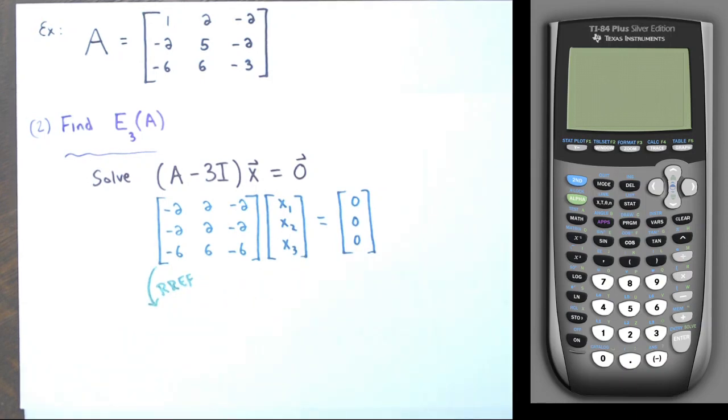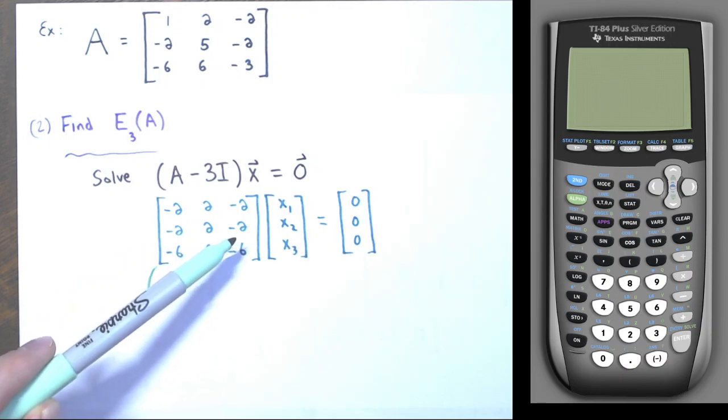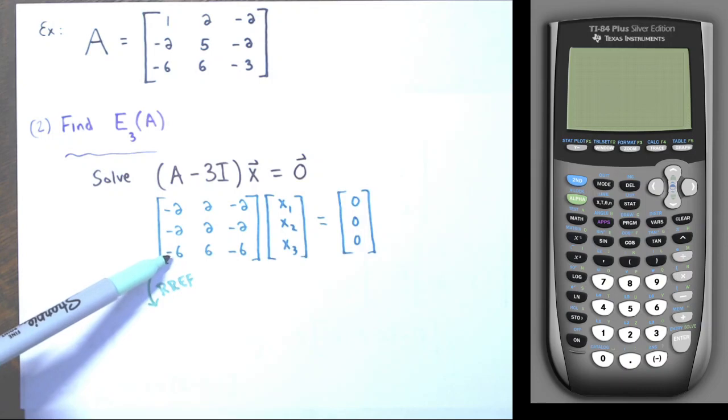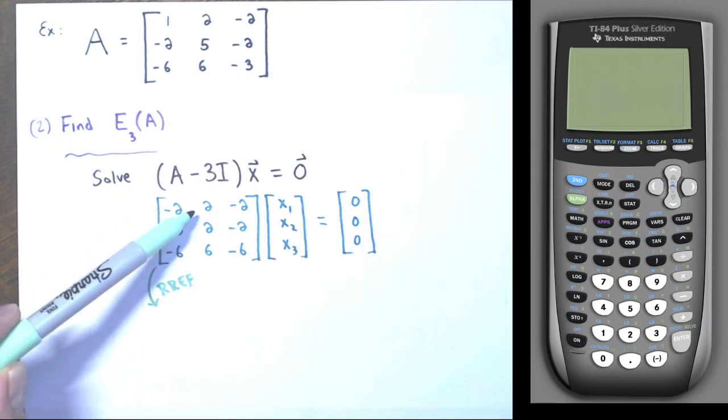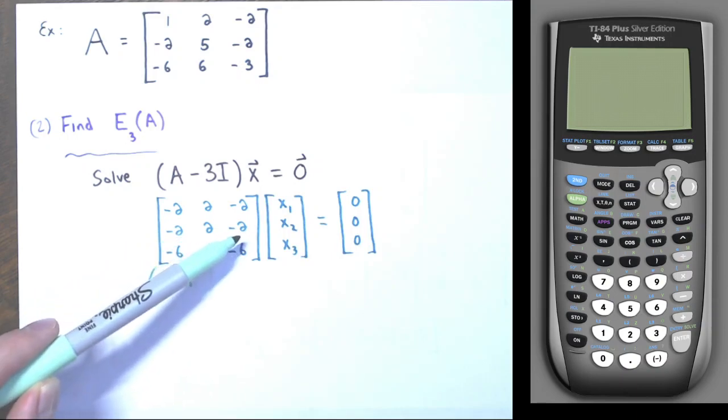Now this one again is not too terrible, because look, the first row is the same as the second row, and the first row times 3 would give me the third row. So if I took the opposite of the first row and added it to the second row, it would be all zeros.